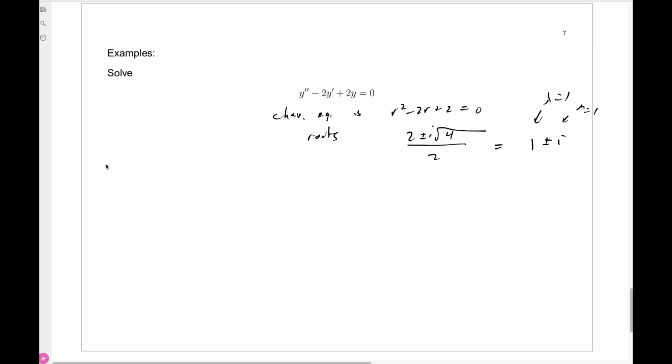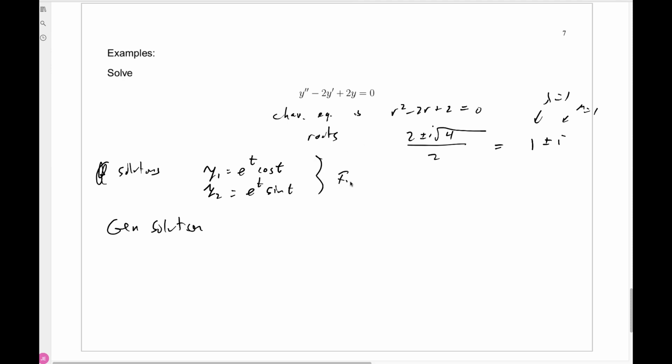So our general solution, or our two solutions that we find are y1 is e to the t cosine t, and y2 is e to the t sine t, so that the general solution, again, check that the Wronskian of these two is non-zero, so that this is a fundamental set of solutions.